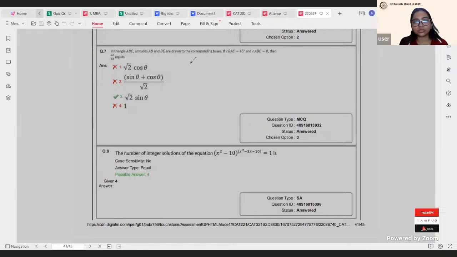Regarding this question, again, trigonometry. If this is a triangle, right? Altitudes AD and BE.